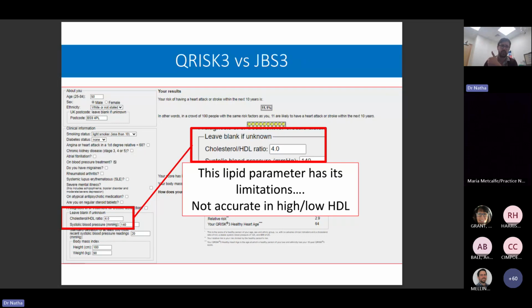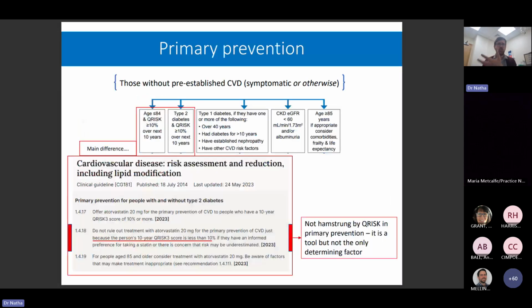Variations in HDL will break down the validity of that ratio calculation. Number two, that ratio will potentially mask individuals who have very high LDL cholesterol, and I'll come back to why that's important later on.